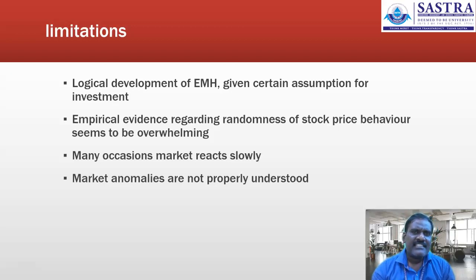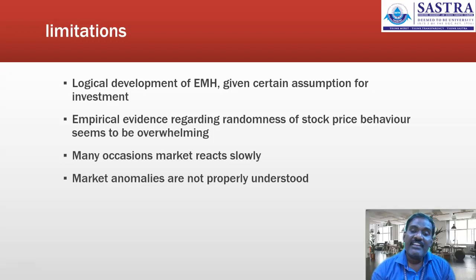Not only that, along with information, the sentiments and emotions of investors also play a vital role in determining the market price. But here only certain assumptions are taken for determining the investment. That is one major limitation of the efficient market hypothesis.